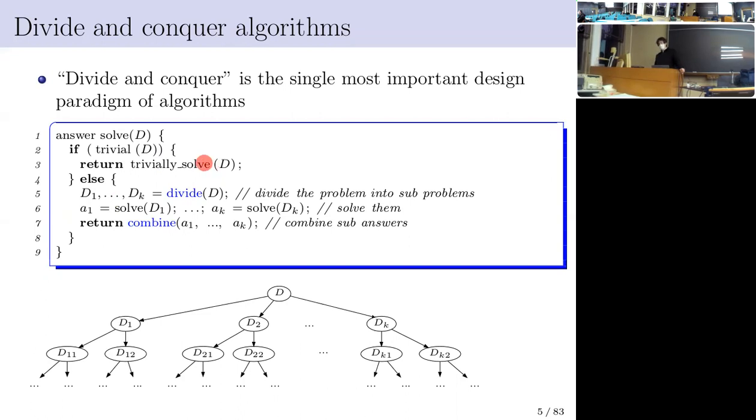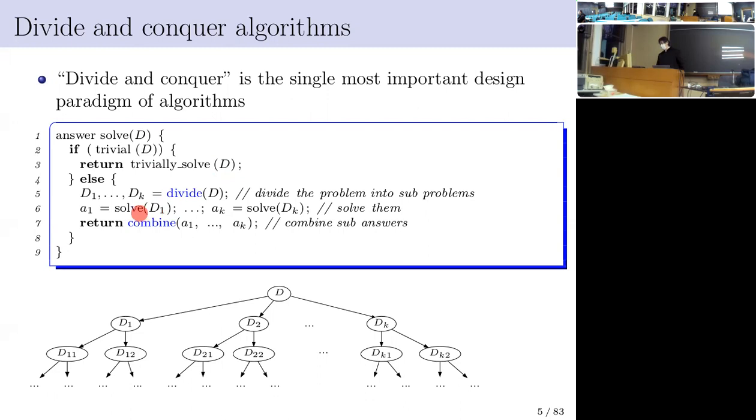Otherwise, in this divide and conquer paradigm, you divide the original input or problem instance into several sub-problems. This step is typically called the divide. So you get several problem instances, each of which should be smaller than the original input.